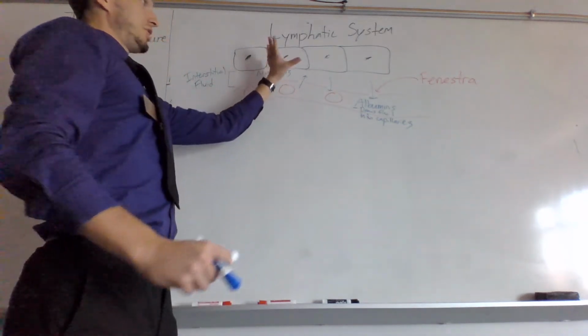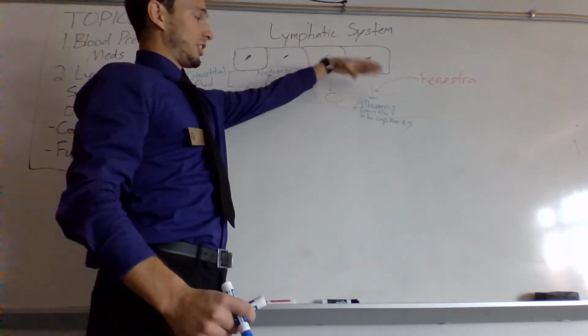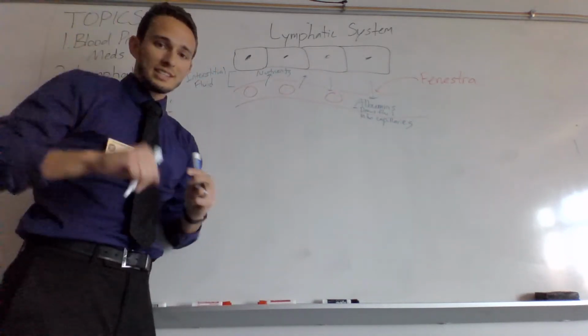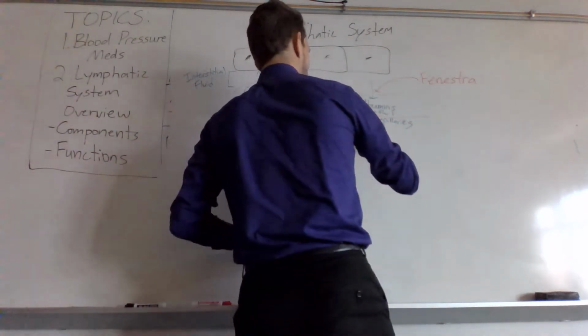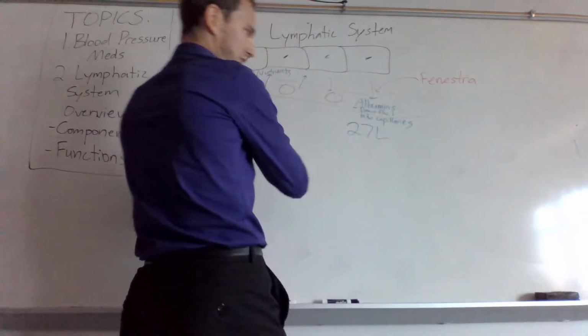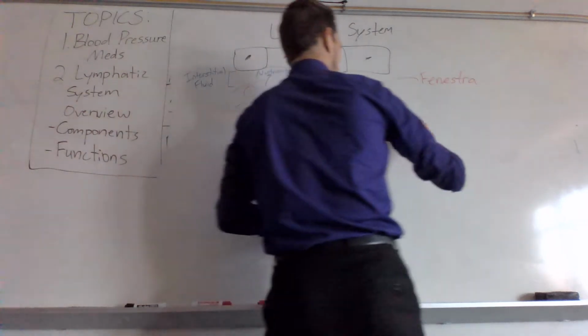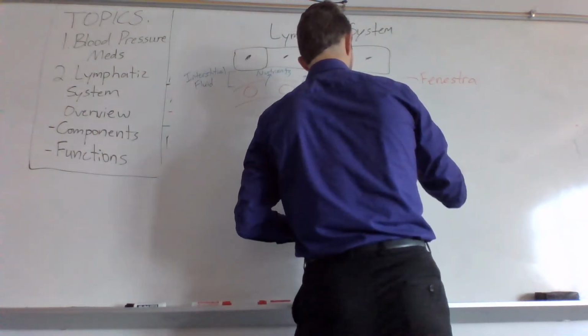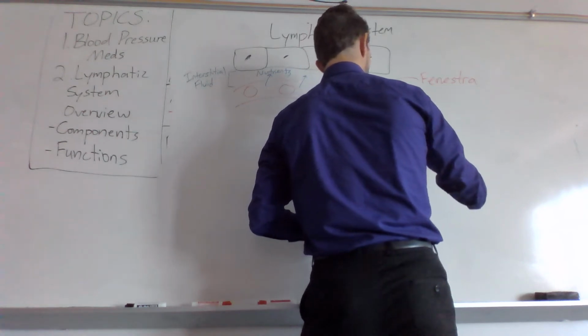So after it feeds the tissues, a lot of it is pumped back. It's called osmotic pressure. It's going to pull most of the fluid back in. And every day, about 27 liters of the 30 liters that's pumped out of your capillaries are reclaimed into the bloodstream.